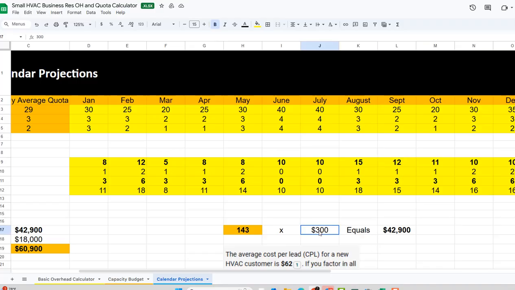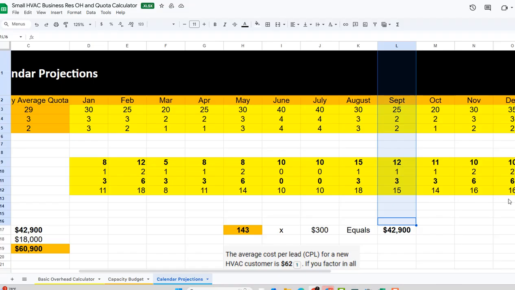Well, every time you advertise, that's $300 based on his calculations. Yours may be much less, but these are just some example numbers. But what we do is we say, okay, I need to buy 1 change out as well, which means I got to go on 3 estimates to get that 1 job, right? If you're closing 33%. So I have to advertise for 15 jobs in September.